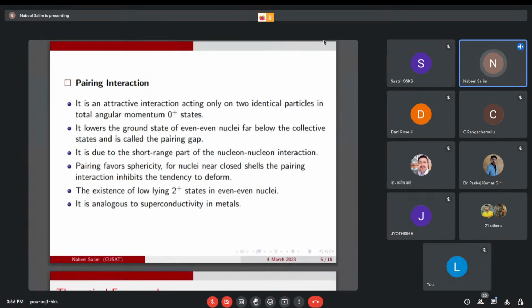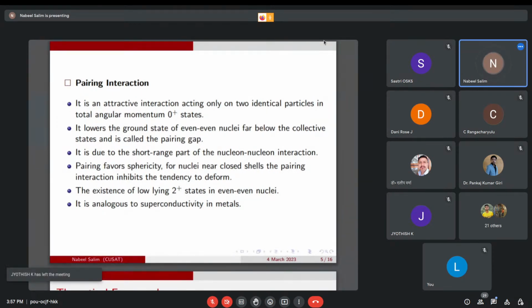Nuclear pairing is due to the short range part of the nucleon-nucleon interaction, and there are other evidences, like the existence of 2+ states, as in the previous presentation on the Zn isotopes. You have seen that all even nuclei have a ground state of 0+, and there is a 2+ state as the excited state. These are all due to nuclear pairing.